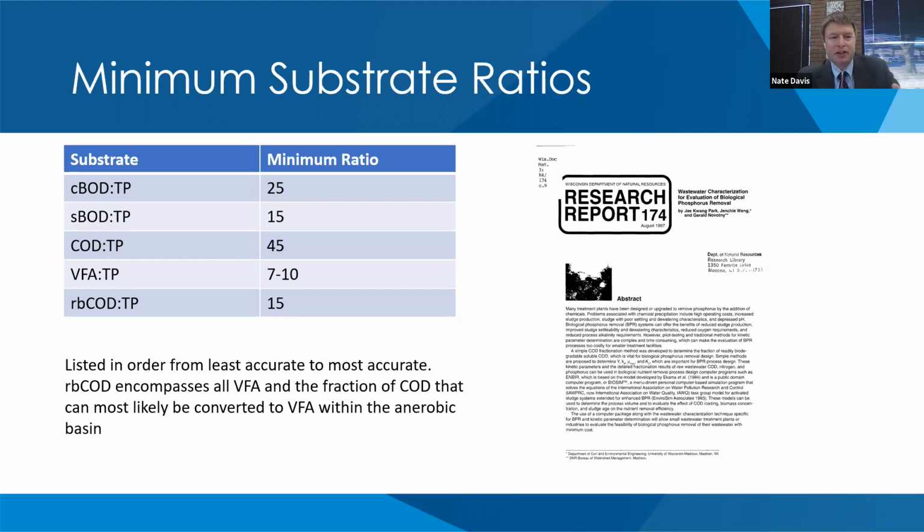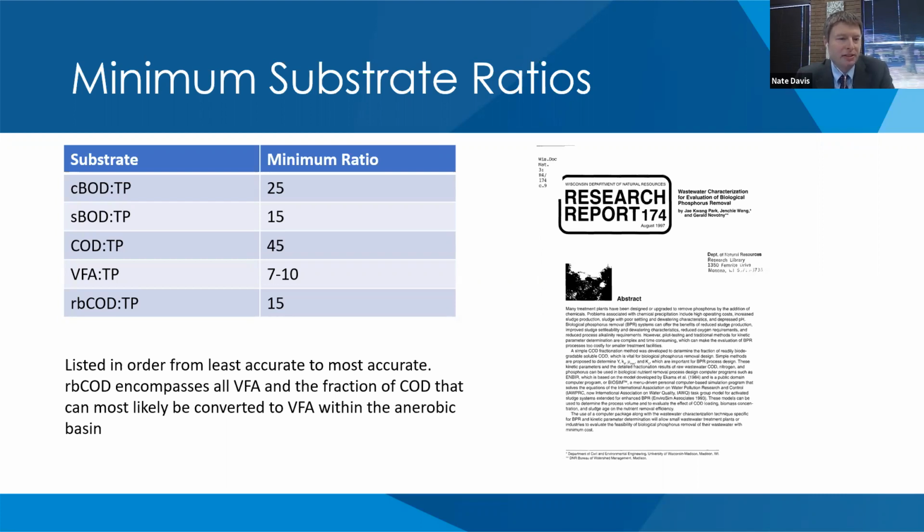But as we go down this chart, the thing to consider is the top of the chart has the most variability in it, and as you progress down, it's more of a certainty. So if you want something a little bit more accurate, you could start doing soluble BOD testing and looking at your ratios there.